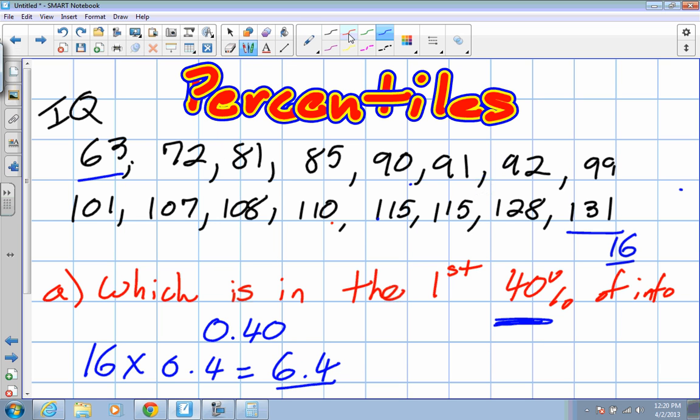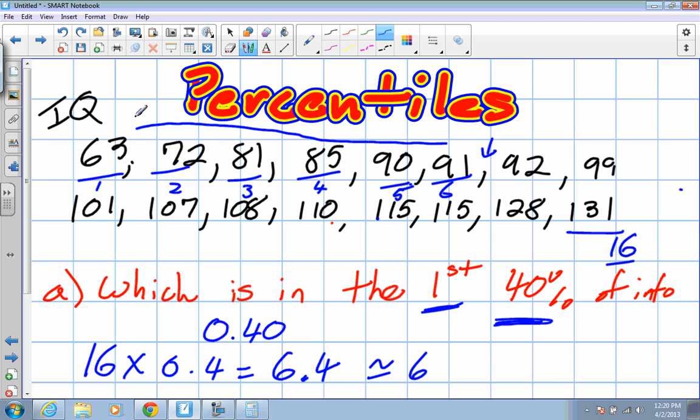So when we round downwards, because this is less than 5, the sixth piece of information, and because they're saying the first, we find the sixth. 1, 2, 3, 4, 5, and technically this number 6. Remember, 6 is less than 6.4, so this makes sense because it should have been a value in between. All of these values are in the first 40% of the data.